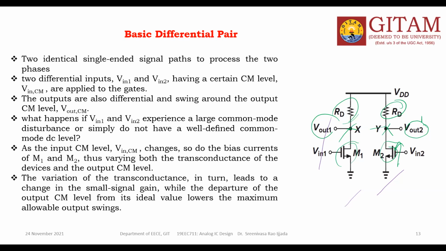But here, both the transistors have different gm values, not 100% matched. Due to that, there is a biasing issue, so I can modify this to bring the symmetry. Very simple.